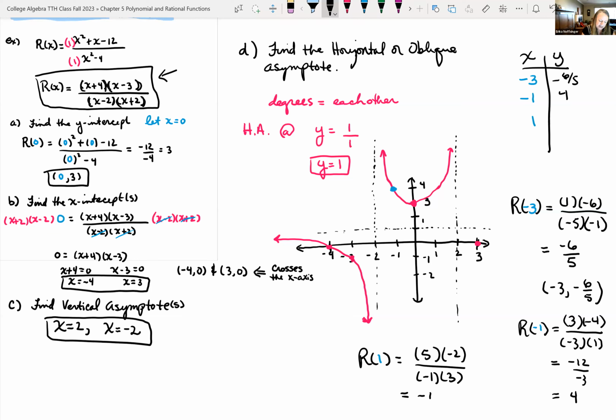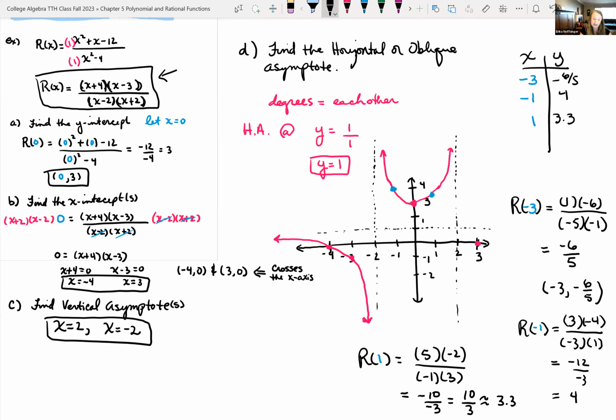So this is -10 divided by -3, which is +10/3, which is approximately 3.3.